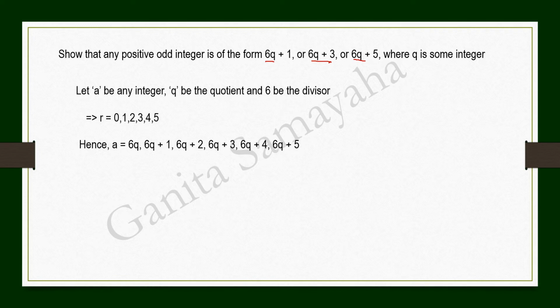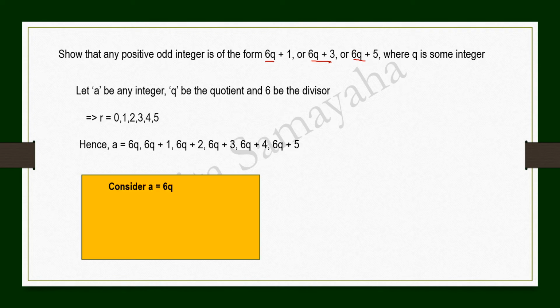These are the possible ways of expressing A in terms of the divisor 6, quotient q and the remainders 0, 1, 2, 3, 4 and 5. Now among these, the odd integers are 6q plus 1, 6q plus 3 and 6q plus 5, for which we consider A equal to 6q first.